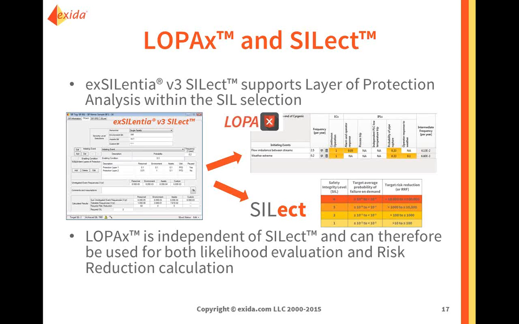What we've done with LOPA X is we've kind of pulled the layer of protection analysis concept out of the Select tool and made that a separate tool. That way, you can determine just frequencies if that's what you want to do, or you can determine risk reduction required, which will then feed into the Select tool to perform your SIL selection to determine what target SIL level you need.